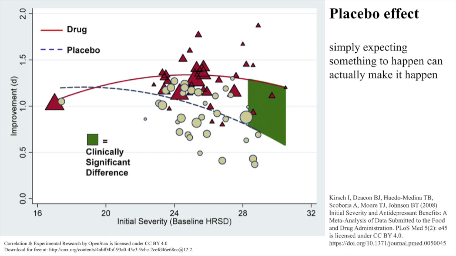Why is that? Imagine that you are a participant in this study and you have just taken a pill that you think will improve your mood. Because you expect the pill to have an effect, you might feel better simply because you took the pill and not because of any drug actually contained in the pill. This is the placebo effect.